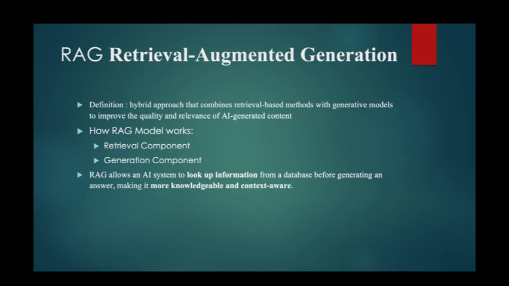Having said that, how exactly does the RAG model work? From the retrieval component perspective, it first retrieves relevant documents or information from a large knowledge base or data set.